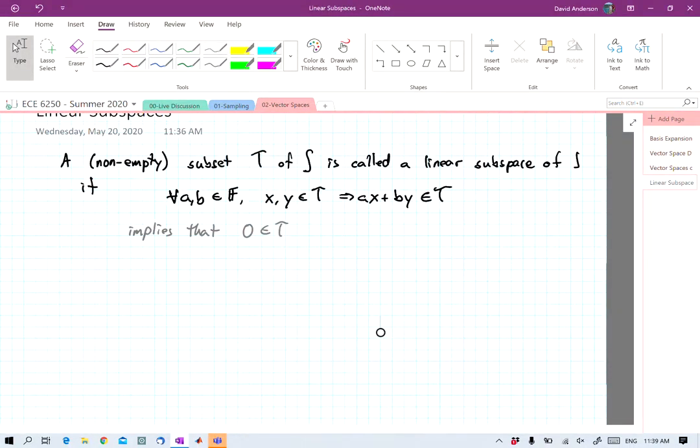So, based on this, it's easy to show that T is also by itself a linear vector space.